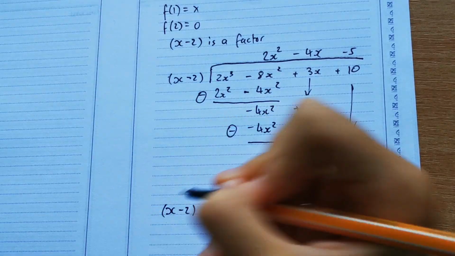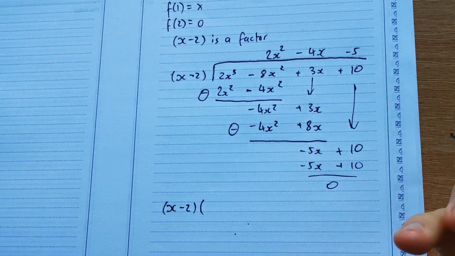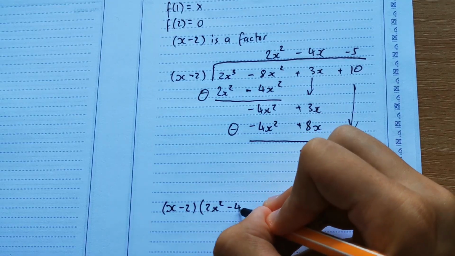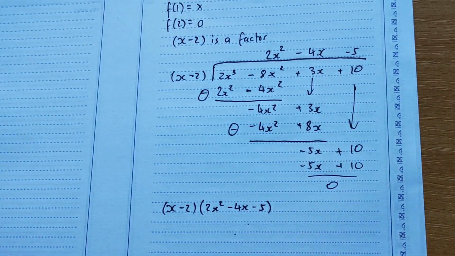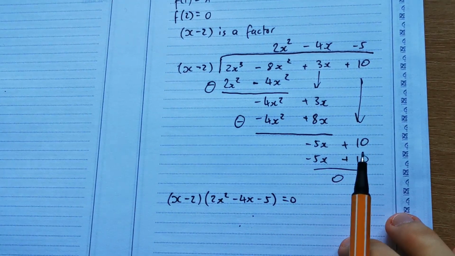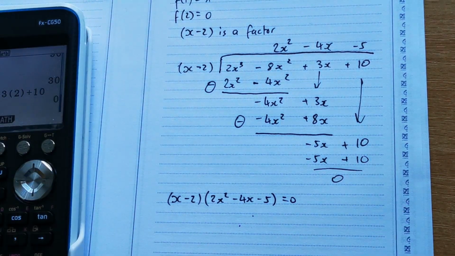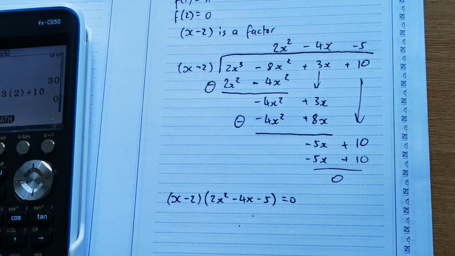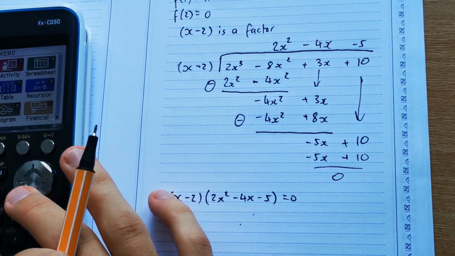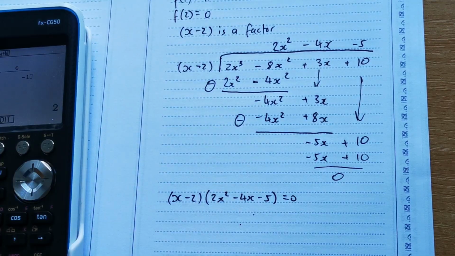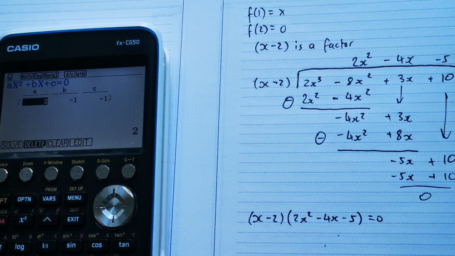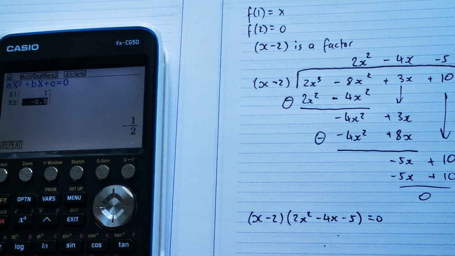X minus 2, we worked out as a factor. And then our new equation when we divided, 2x squared minus 4x minus 5. And this is equal to 0. Need to factorize this. Sometimes it's much quicker to do in the calculator because I am lazy. And you have to do this using the quadratic formula anyway. So all I have to do is put in 2 minus 4 minus 5.